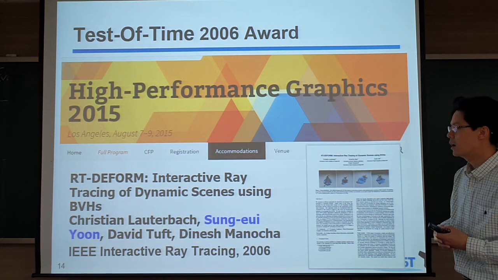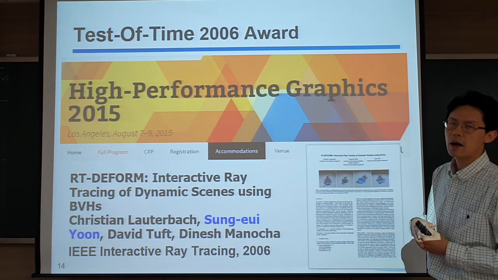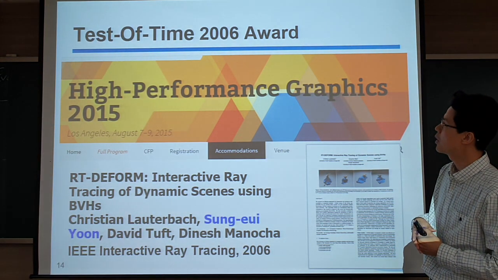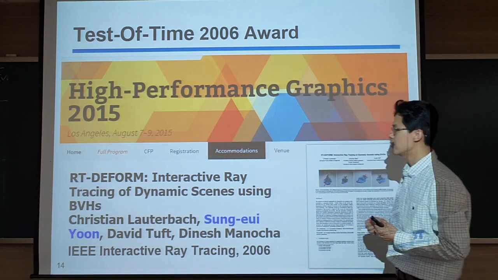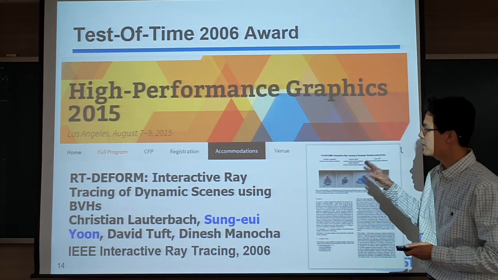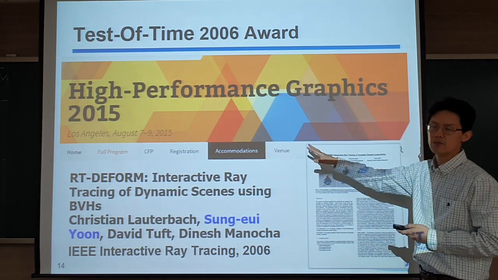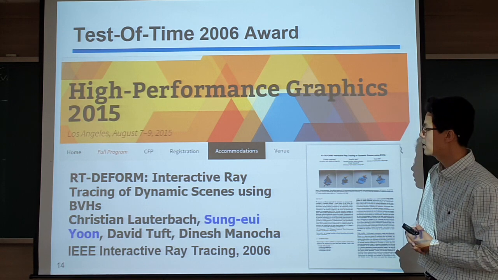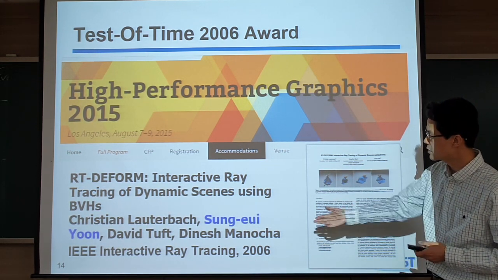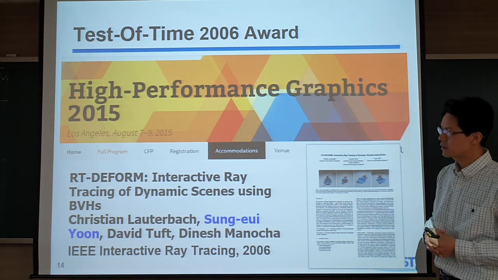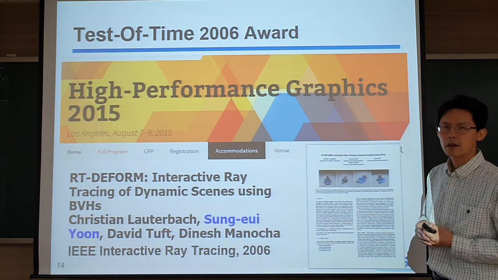Actually, a long time ago, some of my work received the Test of Time Award, the 2006 award, at the 2015 conference. I just utilized this bounding volume hierarchy for ray tracing, and with my co-authors we had a paper in 2006, but somehow this technique has been used a lot.